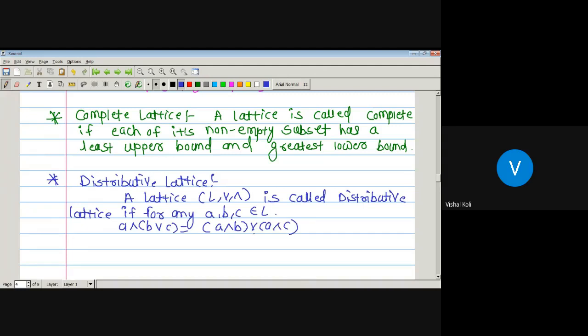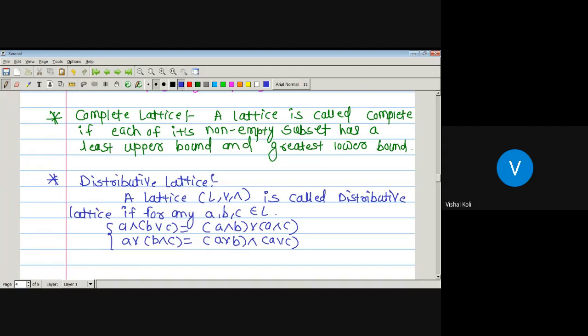If it holds the distributive property, then it is called a distributive lattice. And A join (B meet C) is equal to (A join B) meet (A join C). So any lattice L is called a distributive lattice if it holds any one among these two properties.